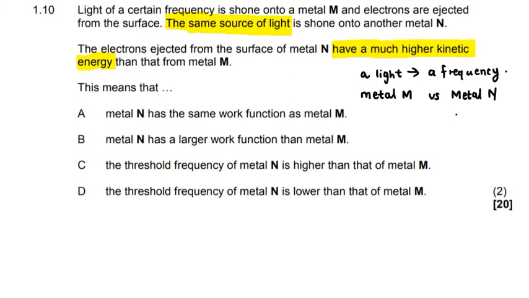Now it's said, when we take this light and we shine it on M, right, electrons are ejected. Okay, so there is some kinetic energy present. Okay, now when you take the same light, right, you take the same light and you shine it on metal N, the kinetic energy increases. Okay, can you see this? Right, so this is what's happening here.